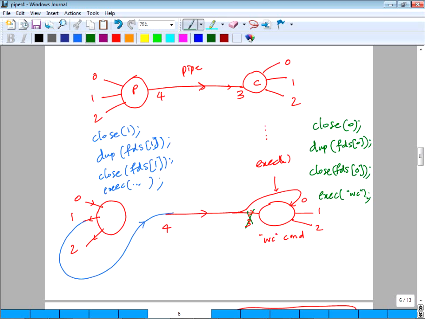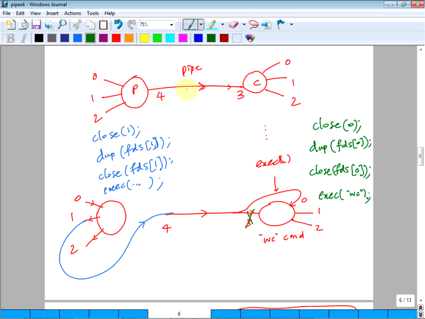So if you want the pipes to replace the standard input, you have to close 1 and dupe FDs of 1, which is nothing but 4, right? FDs of 1 is represented by number 4, because we will likely get 3 and 4 since no other pipes are already there. So this code is very generic, and that's why we are writing generic code.